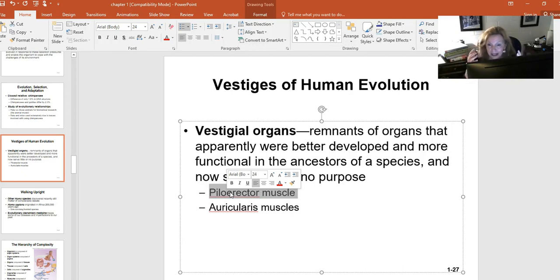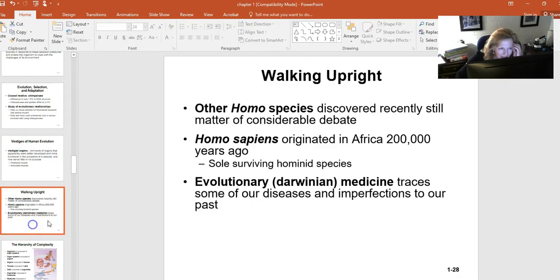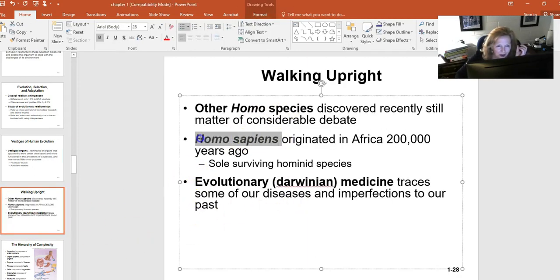We have an appendix, which is a structure that we really don't think has any function, but in comparative species, it's part of the immune system. So that appendix is often referred to as a vestigial organ. You don't need it. So anyway, I do want you to know we are of the genus Homo and the species is Sapiens.